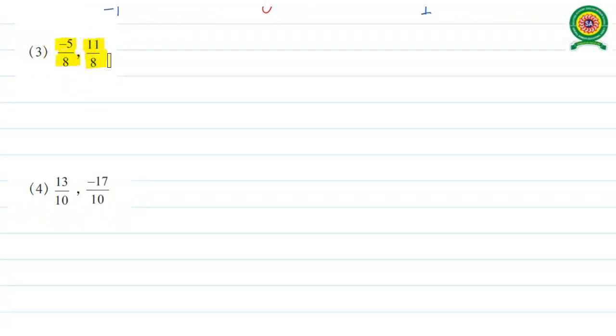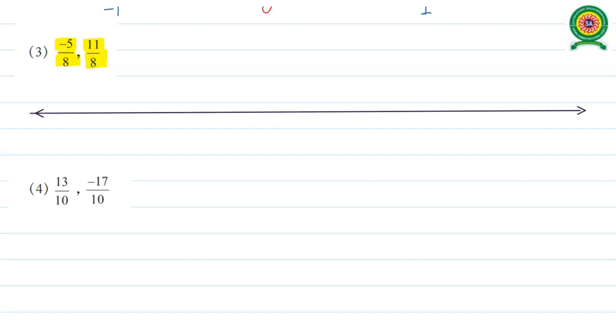So let us try to draw a number line like this. On that number line we have a 0 somewhere. Now we may take a 0.5 centimeter distance, that means 5 mm distance, because now the denominator is 8. So let us put a mark of 5 mm. Like this we have the first unit place. The next 0.5 mark should be there.